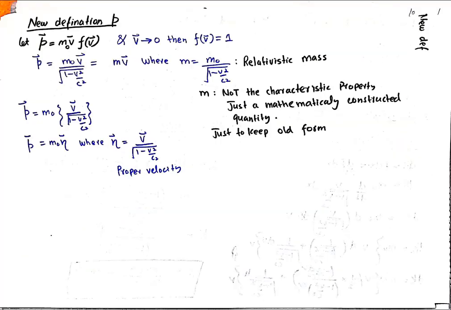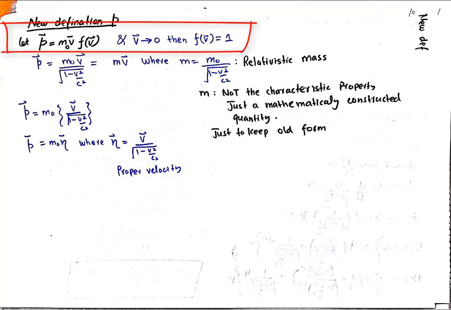But since we know that the conservation of momentum is a very important principle in mechanics, we trust that this momentum conservation is true, and now we need to modify the definition of momentum. Since the momentum conservation is failing because there is a relative motion, I can multiply a factor f of v.